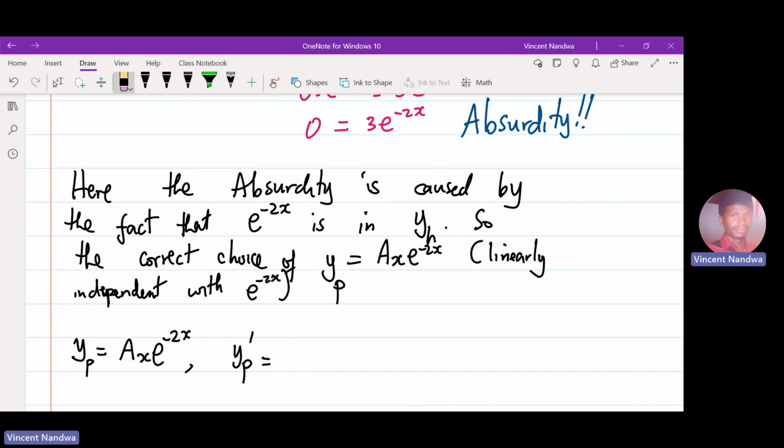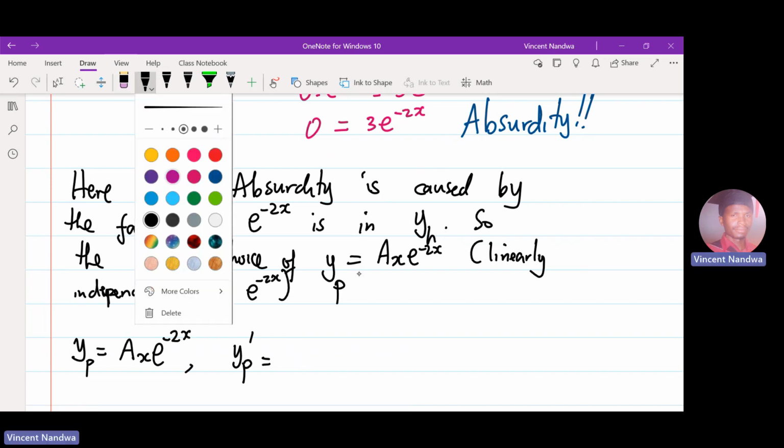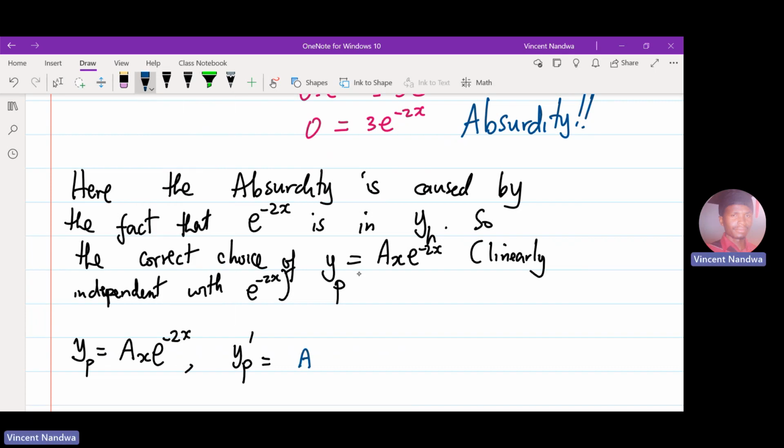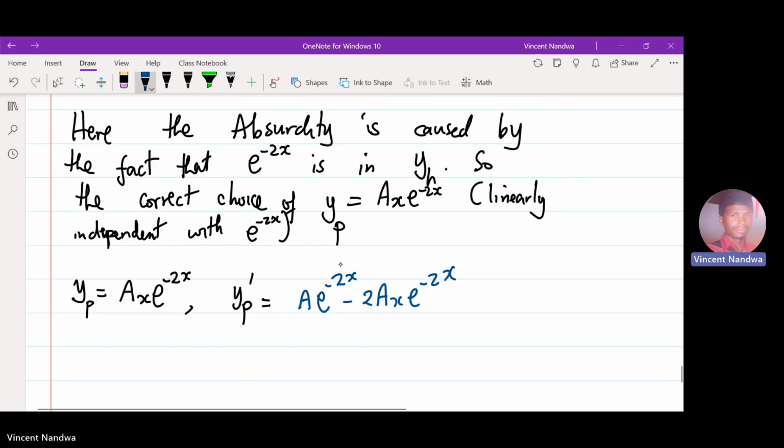Product rule. So if we let u be ax, the derivative of that part is a, multiplied by e raised power minus 2x. And then when you differentiate the exponential, you have minus 2ax. Is that correct? Okay. Then YP double prime.